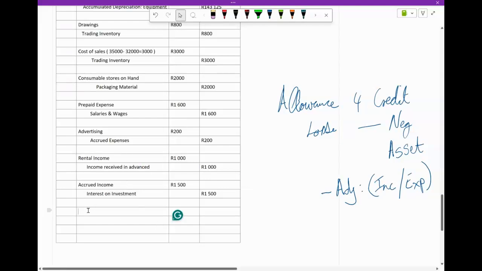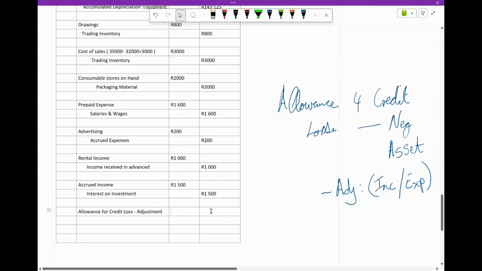So allowance for credit losses adjustment, we are debiting because the expense is increasing, and they said by 10%.